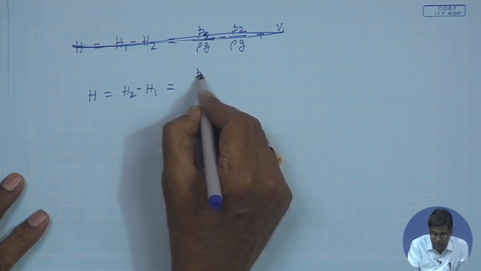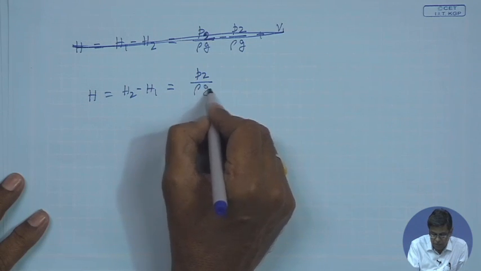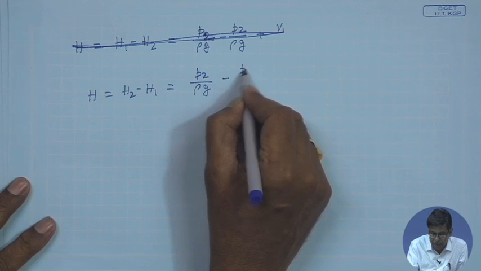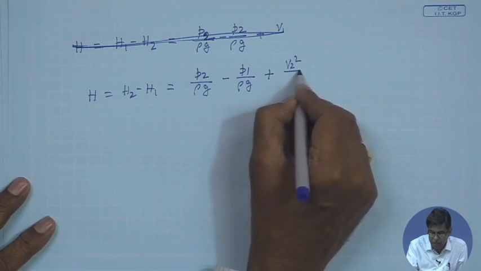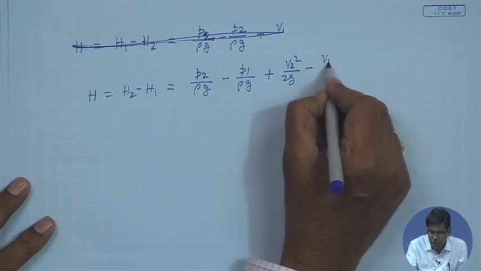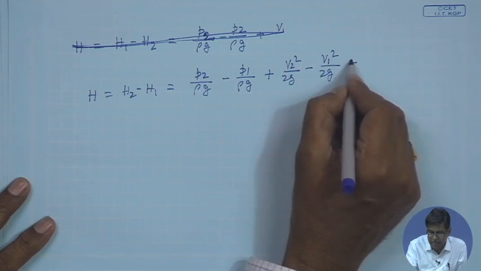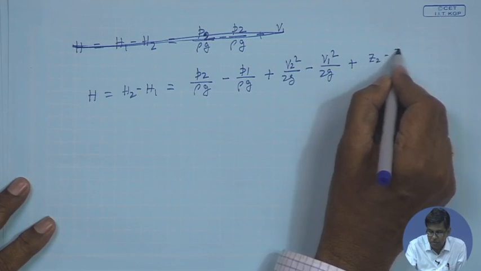So, therefore, it is P2 by rho g minus P1 by rho g plus V2 square by 2g minus V1 square by 2g. It is just a rearranged form. I am writing Z2 minus Z1.